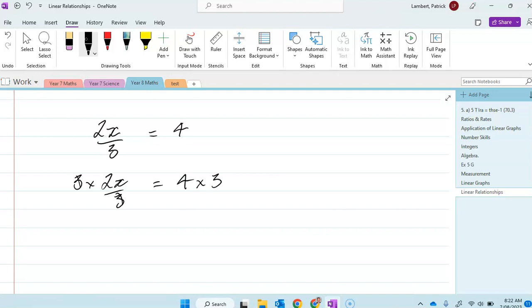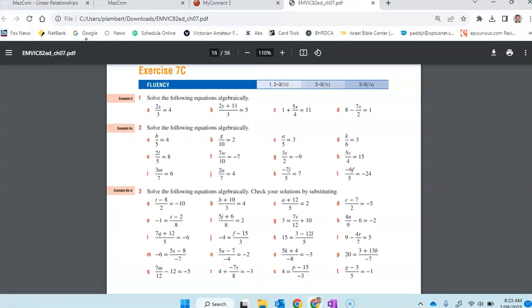So these cross out. We've got 2x equals 12. Therefore, x equals 6, because we divide both sides. And if I put 6 back into there, 2 times 6 equals 12, divided by 3 equals 4. So we can work our way through those.